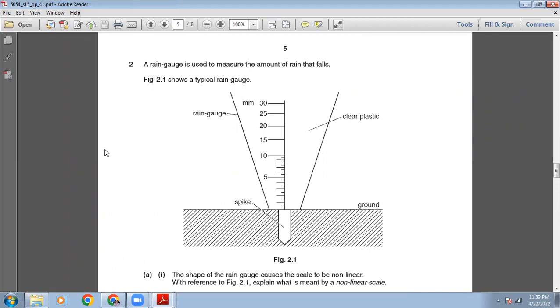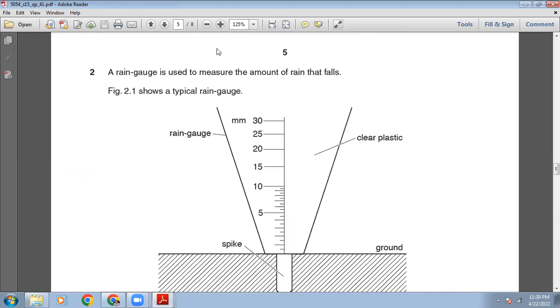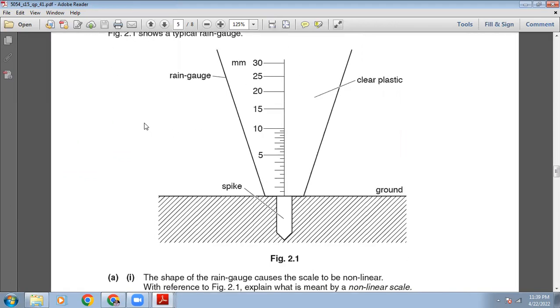A rain gauge is used to measure the amount of rain that falls. Figure 2.1 shows a typical rain gauge. This is an instrument which tells you how much it has rained, and it's in the shape of a cone. This is a spike, and this is the ground, and it is fixed in the ground, vertical.